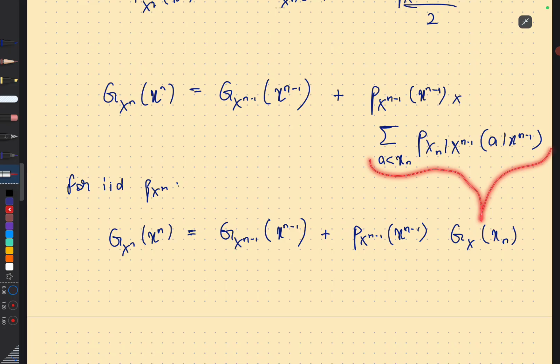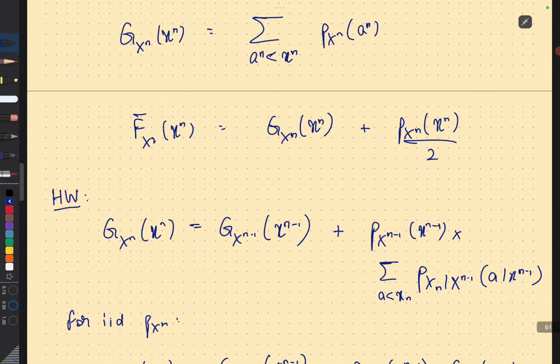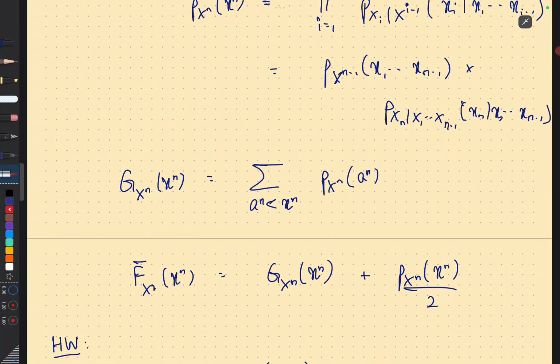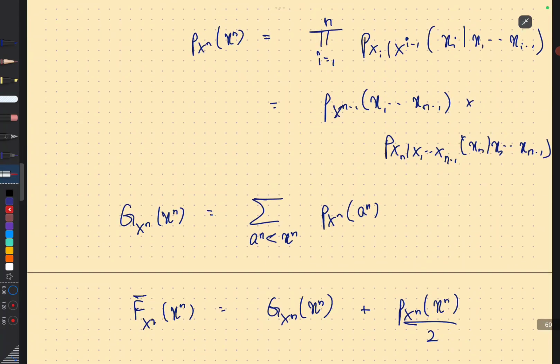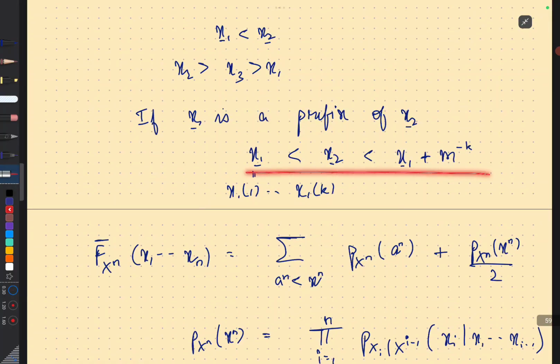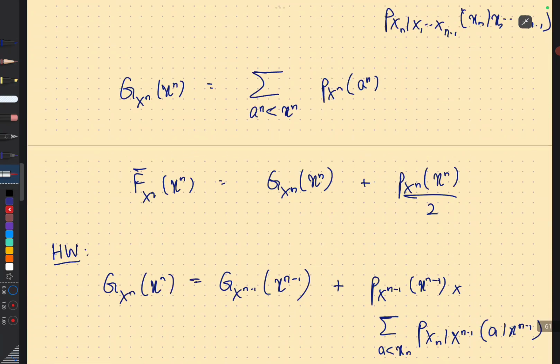So this quantity is just g_X of x_n. I leave this as a homework for you to show. But basically the idea is to decompose or break down this sum into multiple parts. To do that you make use of this particular observation over here. You take a look at the prefixes, and this ordering essentially helps you. But I leave that as an exercise.